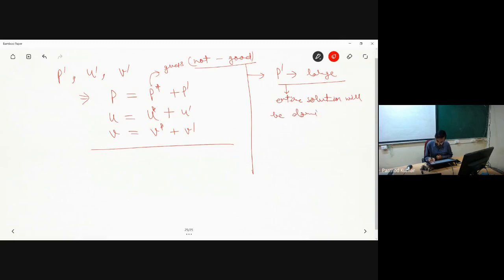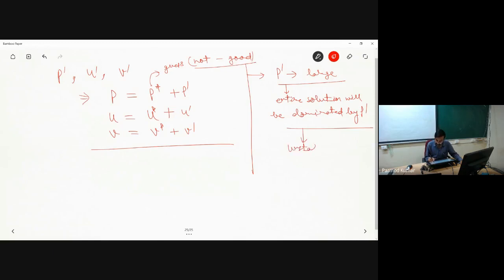If it is dominated by p dash and somehow we have got some issues with our initial correction term p dash, what will be happening? Our solution will actually become unstable.